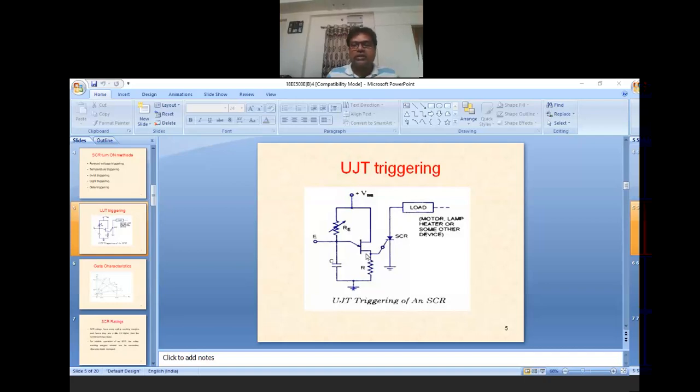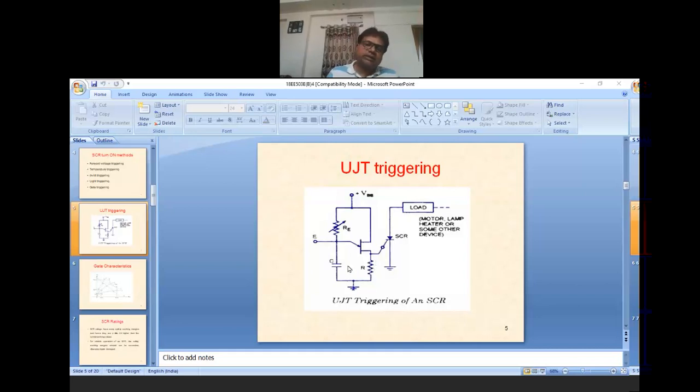When this UJT conducts, compared to the previous branch, now this branch acts like a short circuit. Now the current flows via the UJT into the gate terminal. Again, this resistance is connected in series over here to limit the current and also share the voltage drop.